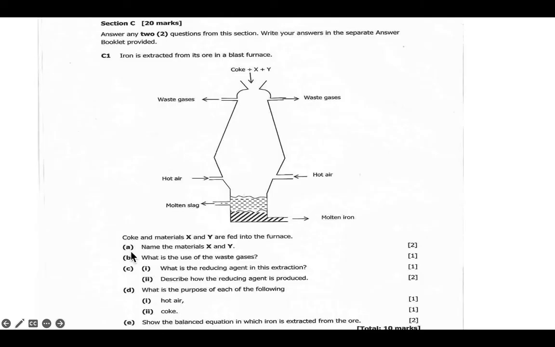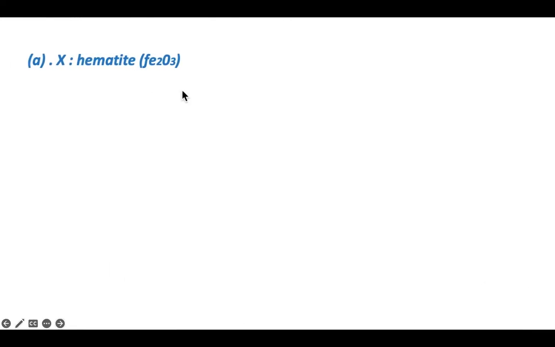A, name the materials X and Y. So what is X and Y? X is limestone, and Y is hematite, iron 3 oxide. These are materials that are fed on the hot blast furnace.